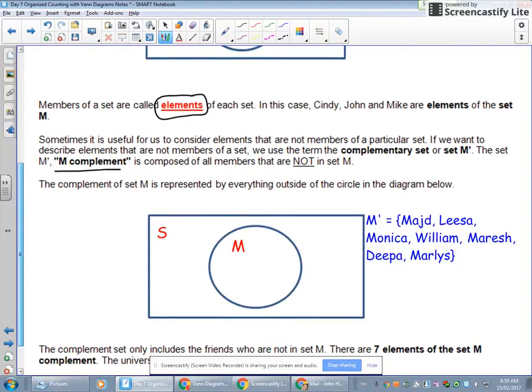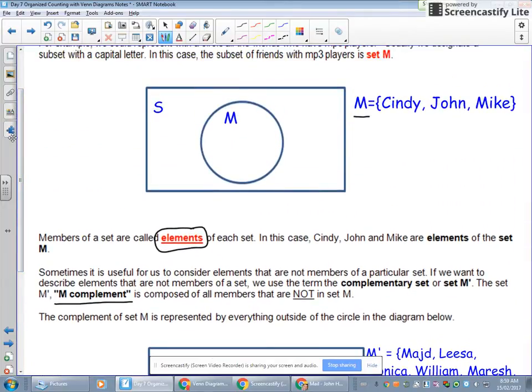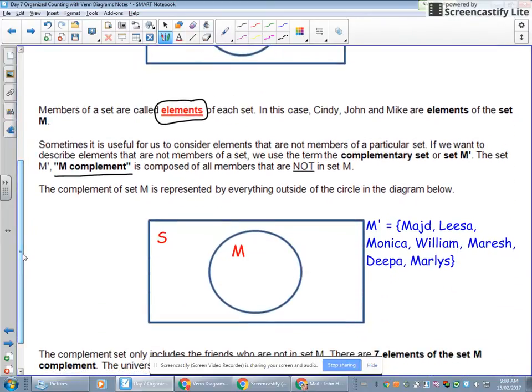Another term is the complement of M, which is the exact opposite. It's like saying not M. So it includes all data inside of my universal set that are not inside of M. Given that our players of MP3 were Cindy, John, and Mike, those that do not have an MP3 player are the remaining students: Majid, Lisa, Monica, William, Manish, Deepa, and Marilis.